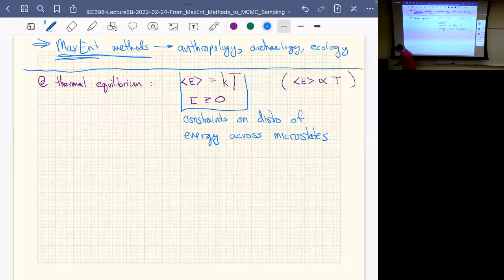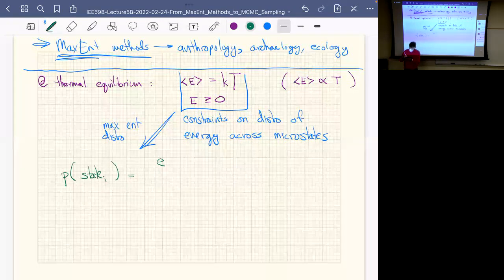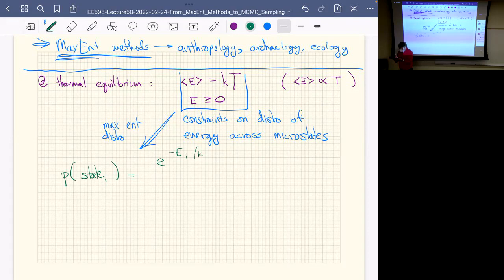And so the MaxEnt solution to this, we've already seen it. So the MaxEnt distribution is going to be, I'll say, the probability of being in a state i is going to be equal to the, and so I'll just write this out and then we'll talk about it.